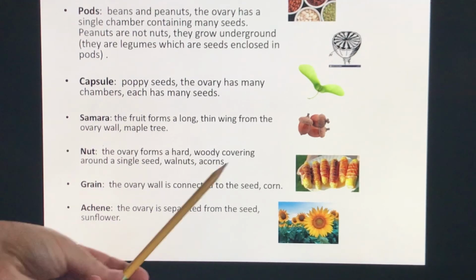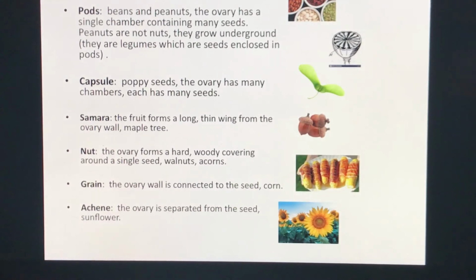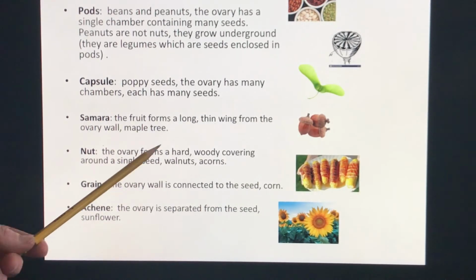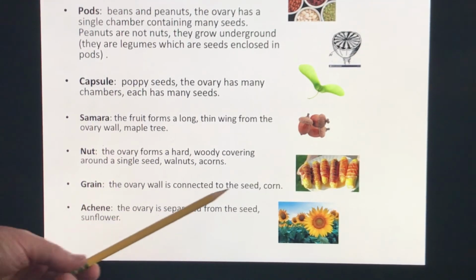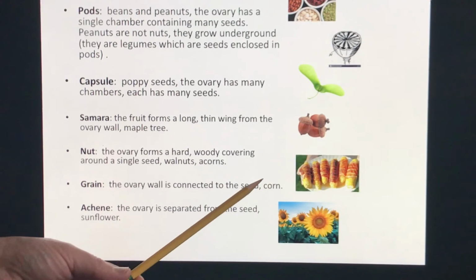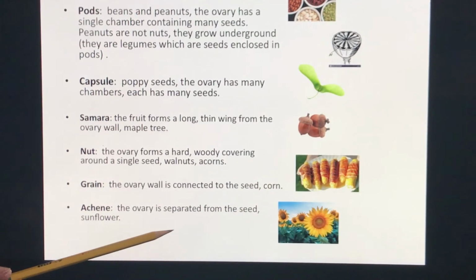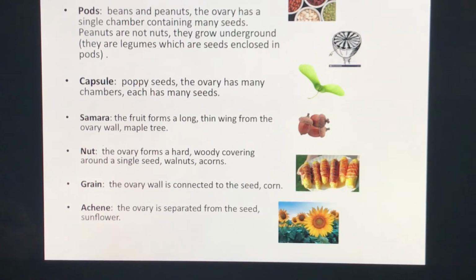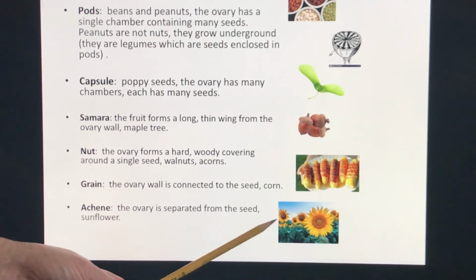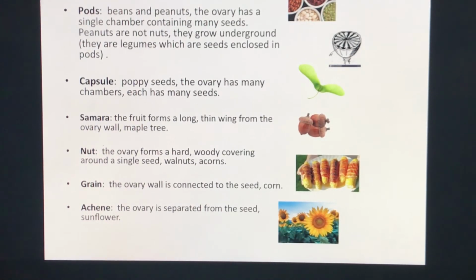The ovary forms a hard, woody covering around a single seed, and that includes walnuts and acorns. Then you have the grain. Here, the ovary is connected to the seed, and you could think of corn as an example. And then the achene: the ovary is separated from the seed, and an example of that is the sunflower.